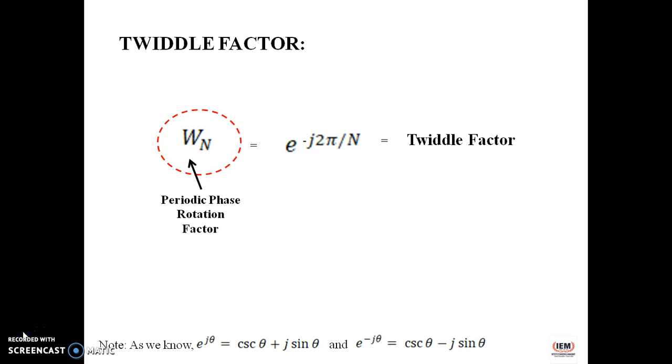Also take note that e to the power j theta is cos theta plus j sin theta, and similarly e to the power minus j theta equals cos theta minus j sin theta.